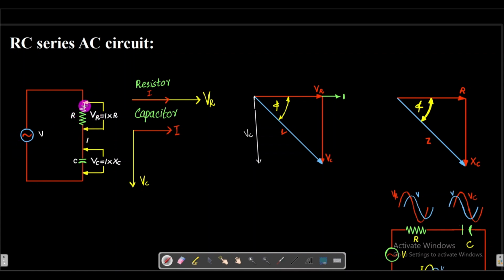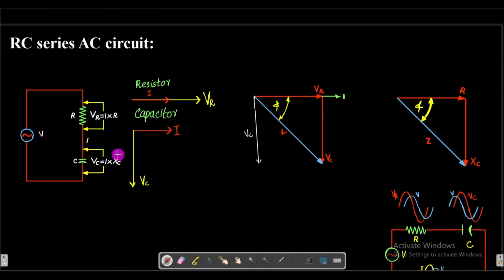Here this voltage drop will be different from this voltage drop. If we add the voltage drop of the resistor and the voltage drop of the capacitor, both will be equal to the resultant voltage.